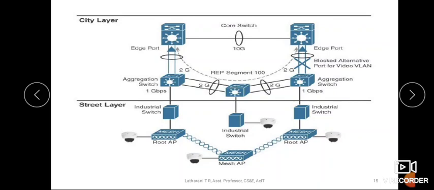So this is the connection between the street layer and the city layer. Here the street layer will collect information from different access points, then transfer it to the city layer. The city layer has routers and switches which will collect and aggregate the data, and again route it to the cloud layer above the city layer.